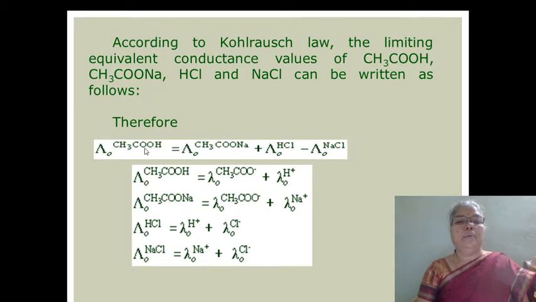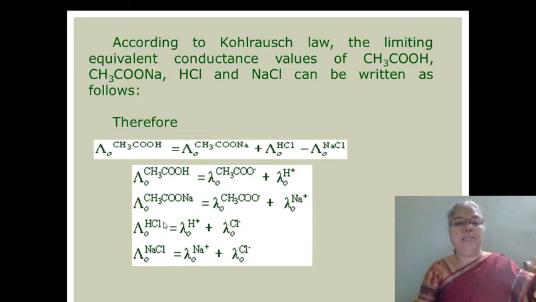Here the λ0 of acetic acid is equal to λ0 of the acetate ion, CH3COO−, plus λ0 H+. Then λ0 of CH3COONa is equal to λ0 of CH3COO− ion plus λ0 of Na+ ion.